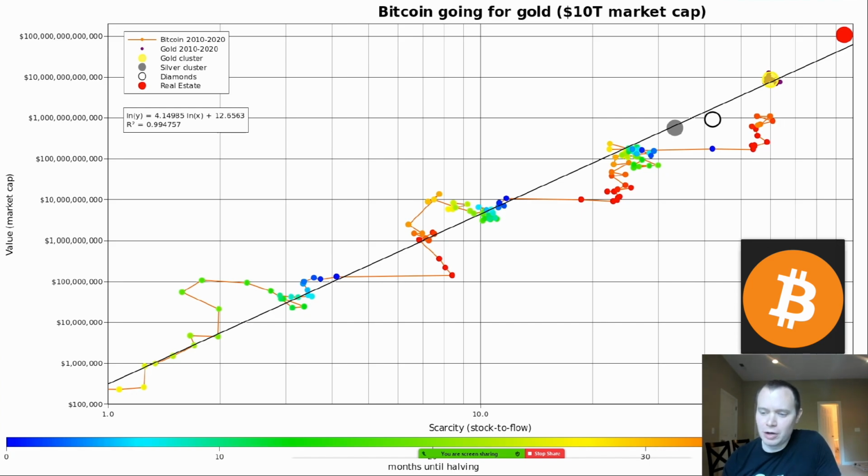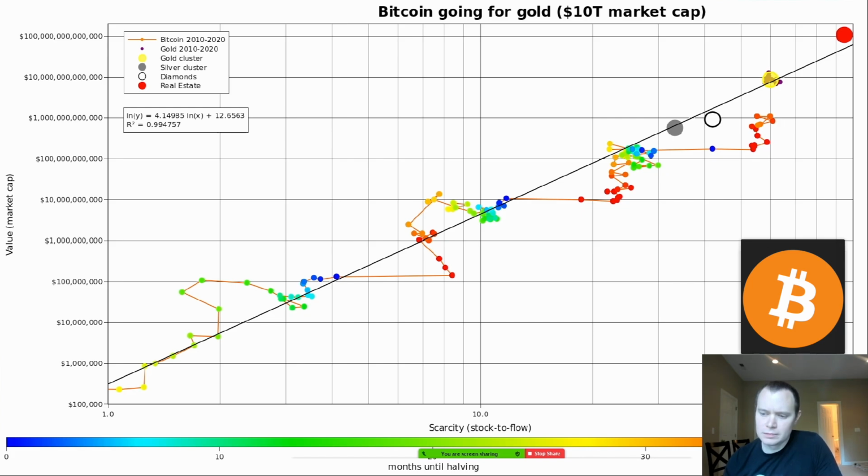But when we get to 100 trillion, would you still use the stock to flow model for Bitcoin after it reaches that milestone? Yeah, that's a great question, because I get that question a lot. It's the infinity thing, right? Stock to flow goes to infinity, and then value should go to infinity as well. It goes to crazy numbers.